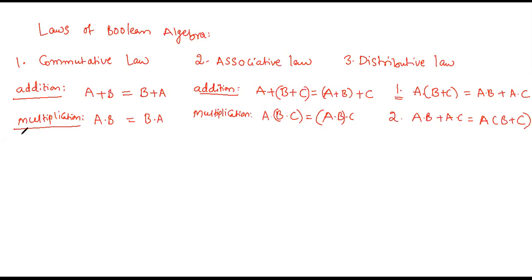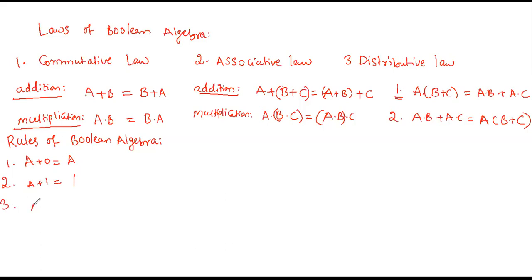Next, rules of Boolean algebra. We have some rules. Rule number 1, A plus 0 is equal to A. Second law, A plus 1 is equal to 1.